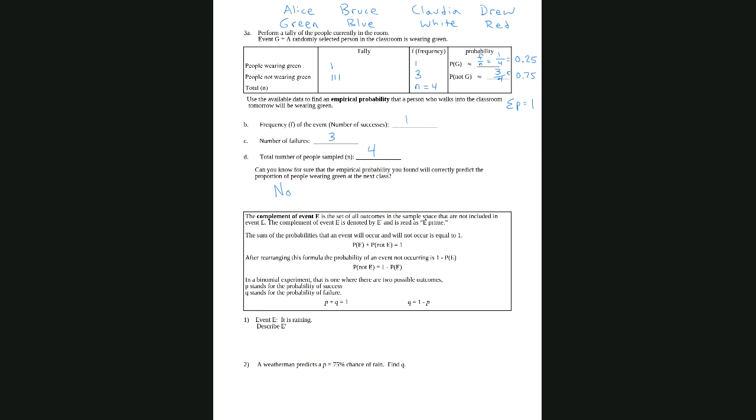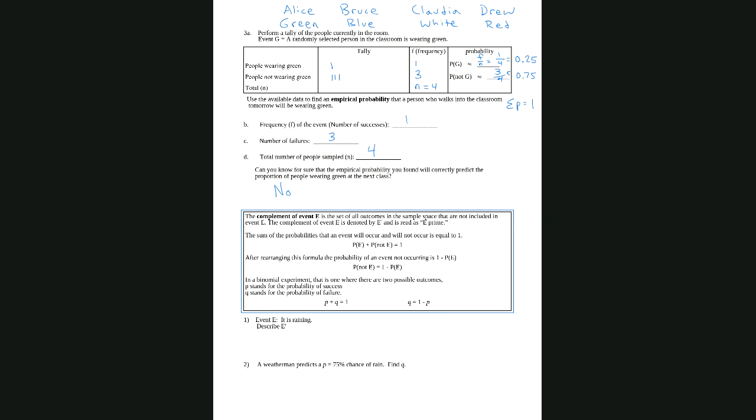All right, that brings us to, what is a complement of an event? So complement of event is often thought of as the opposite, and it's defined technically as the set of all outcomes in a sample space that are not included as part of the event E. That would be the complement of E, its definition.